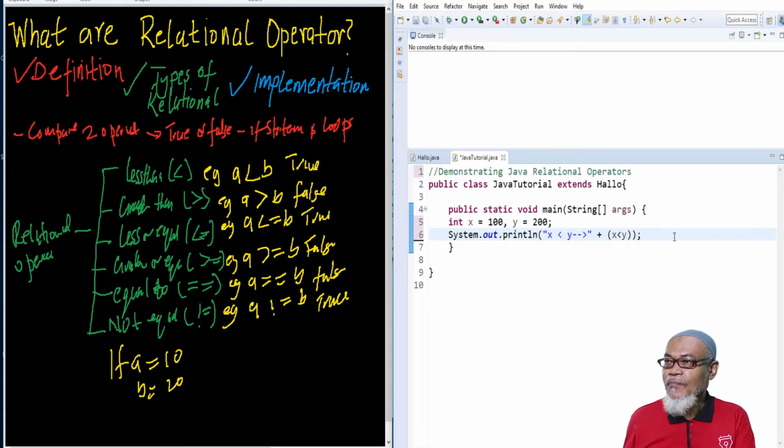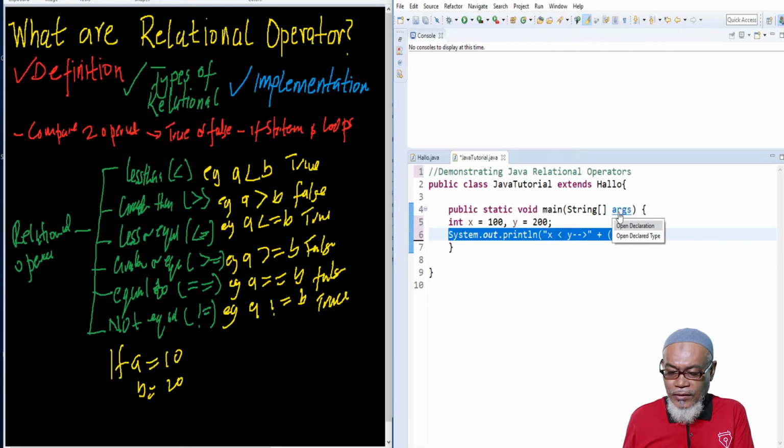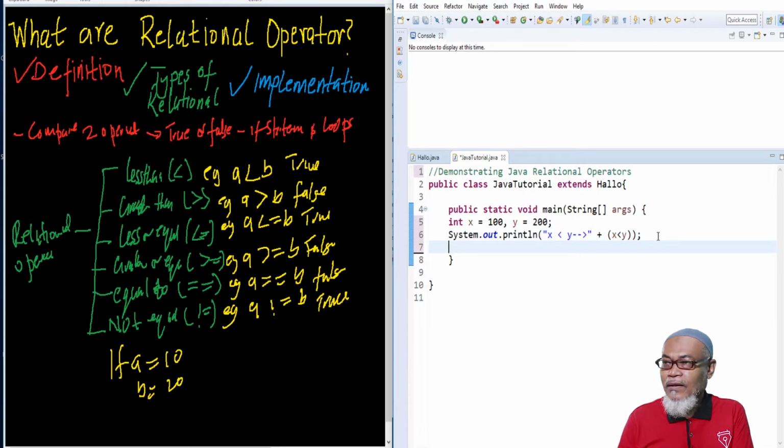When we run this, it is supposed to give us either true or false. We keep on using all the possible relational operators to see what will happen. So if you copy that, here we put it in the opposite: what about if x is greater than y? We put x greater than y. What will be the answer?